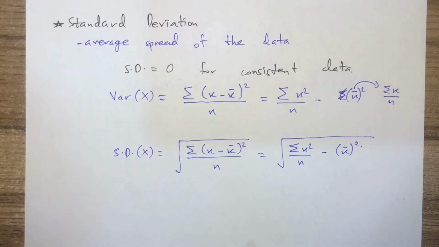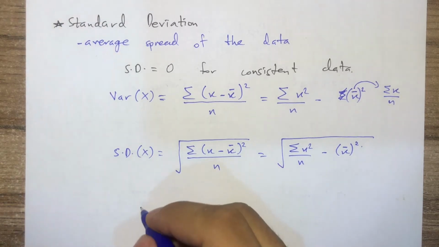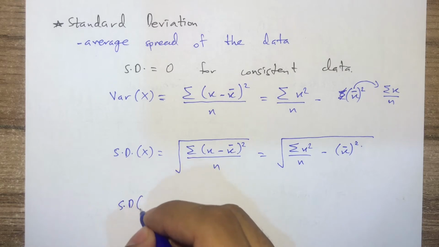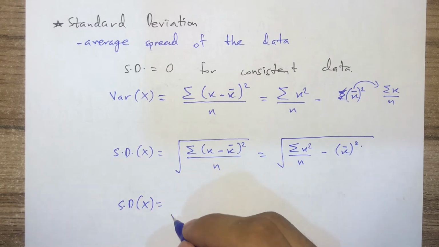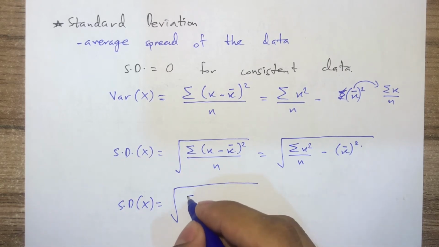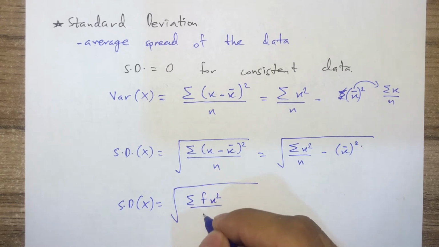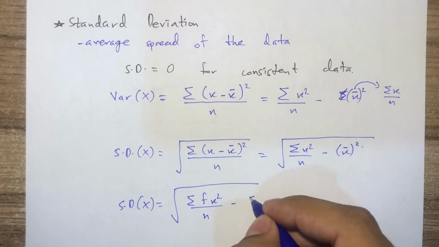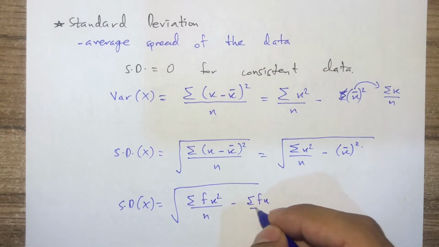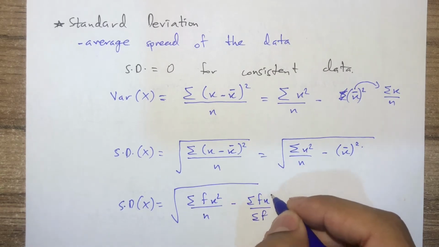Now these four formulas were for ungrouped data. For grouped data, there will be a slight change, that is that standard deviation will be equals to the root of sigma f x square upon n minus sigma fx upon sigma f whole square.